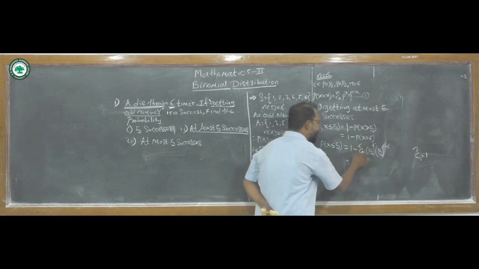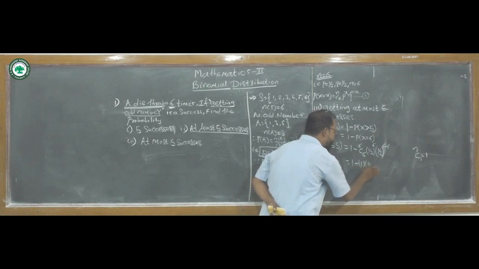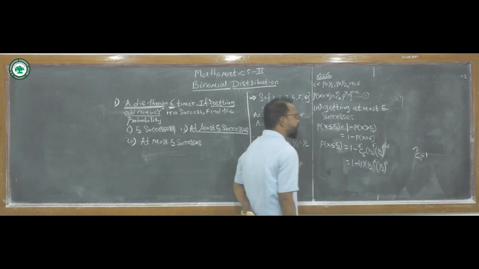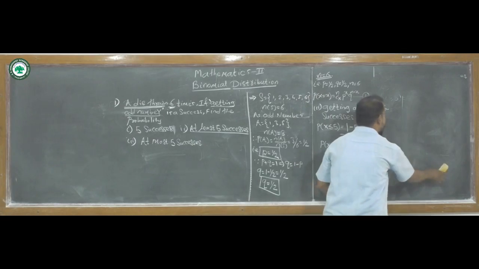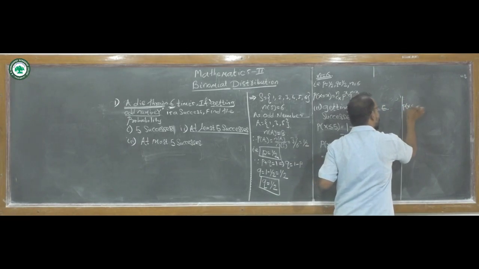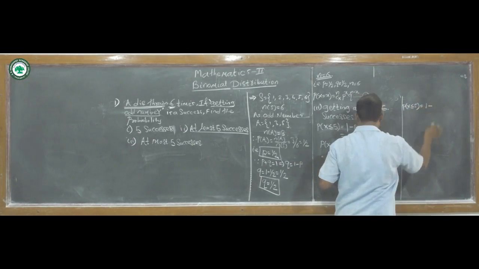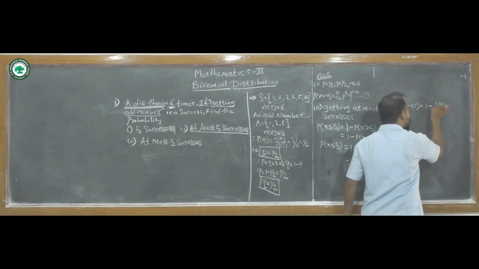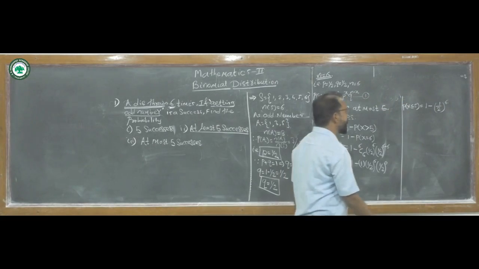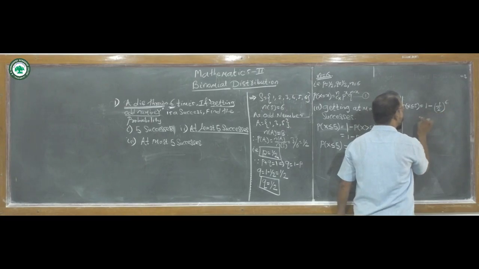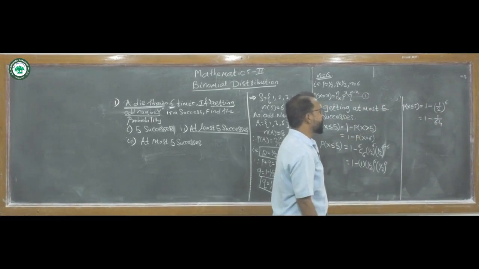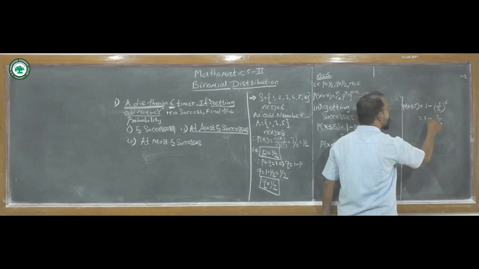So here 6C6 is 1, into (1/2)^6 into (1/2)^0. Now using the law of indices, this probability becomes 1 minus (1/2)^6, and we know that (1/2)^6 means 1/64. So the probability of x less than or equal to 5 equals 1 minus 1/64.